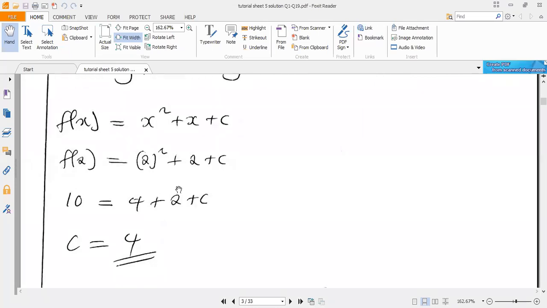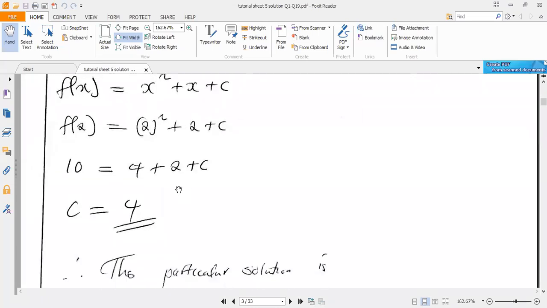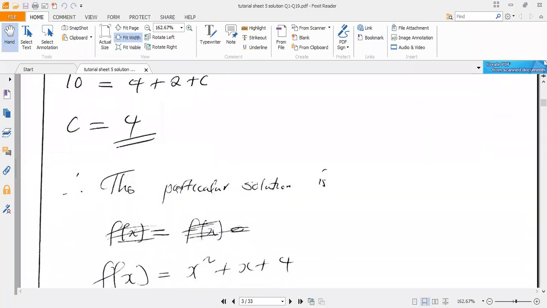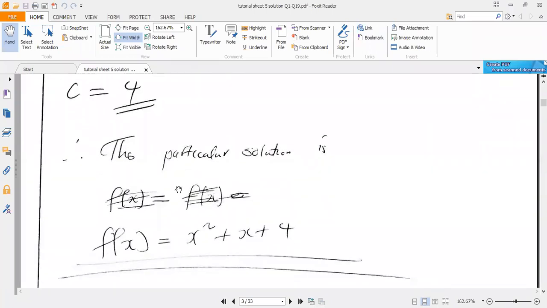So our c is equal to 4. And then the equation will now come out as f of x is equal to x squared plus x plus 4. So that is the equation that we had initially, that we differentiated twice to get 2 as f double prime of x.